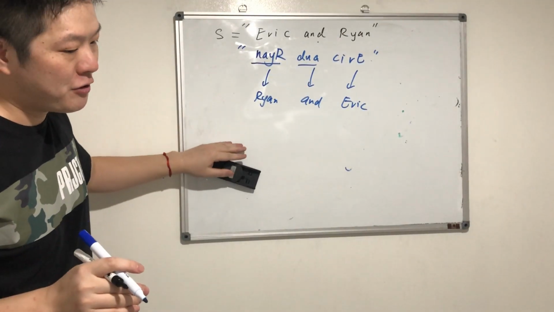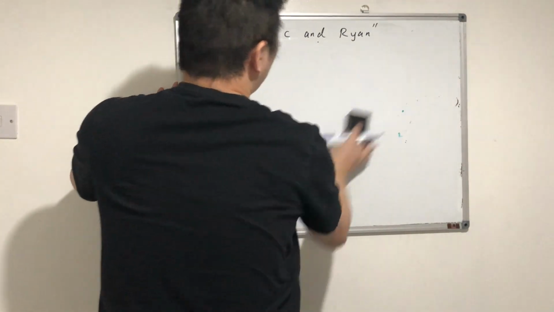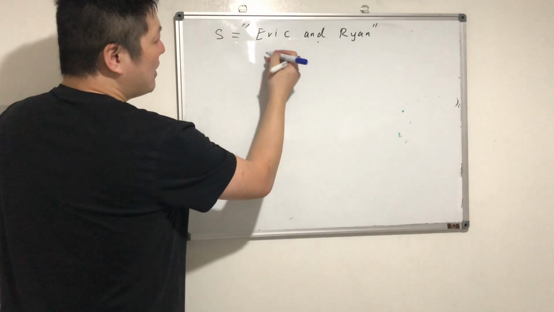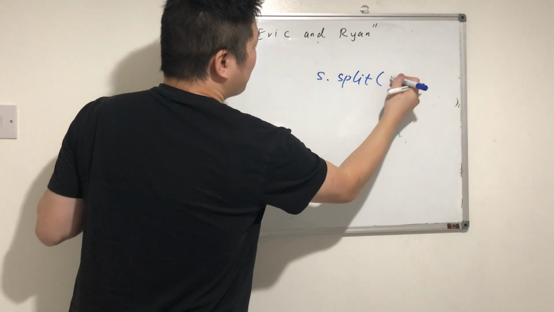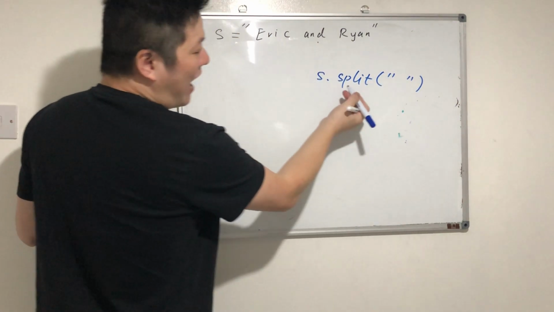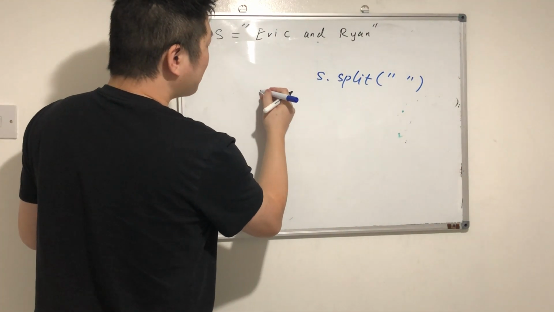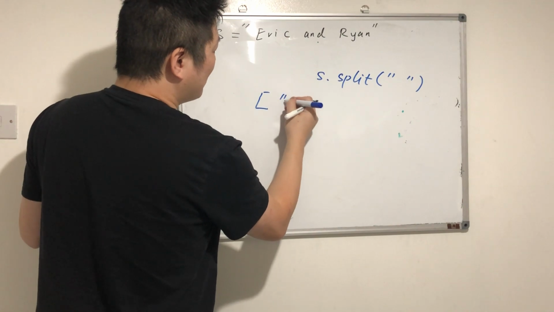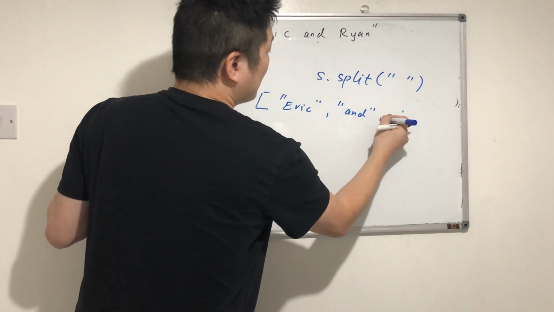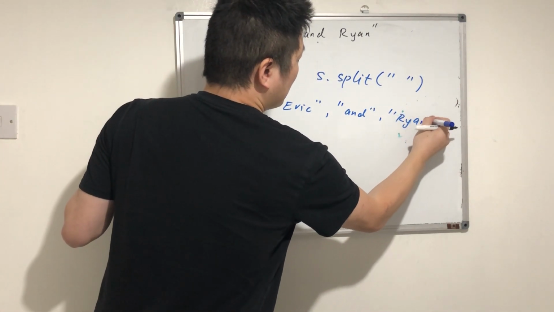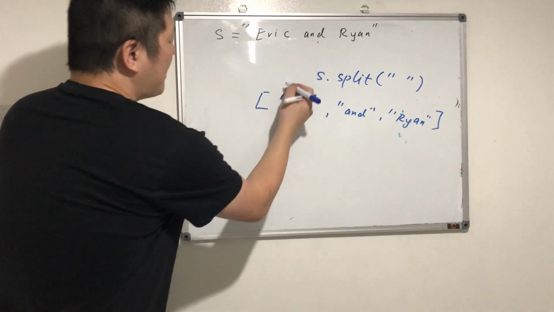Another approach is, first of all, we split it: S.split. Now, Eric, what do we have? Eric, and, Ryan.